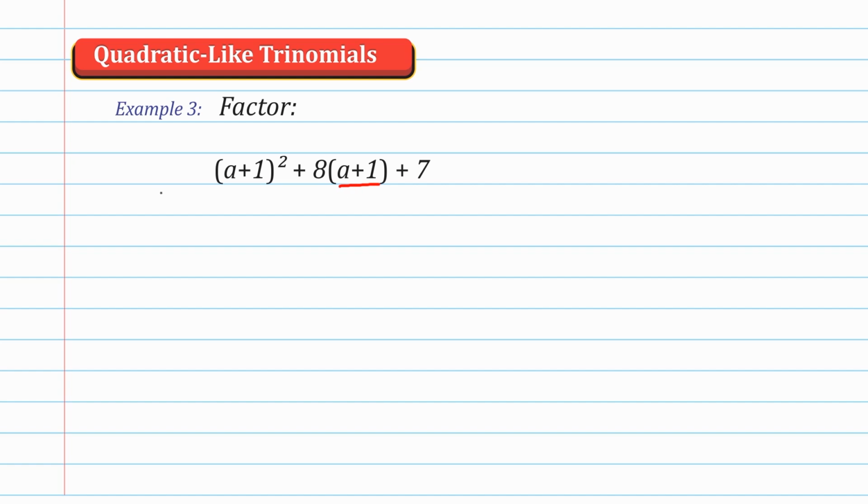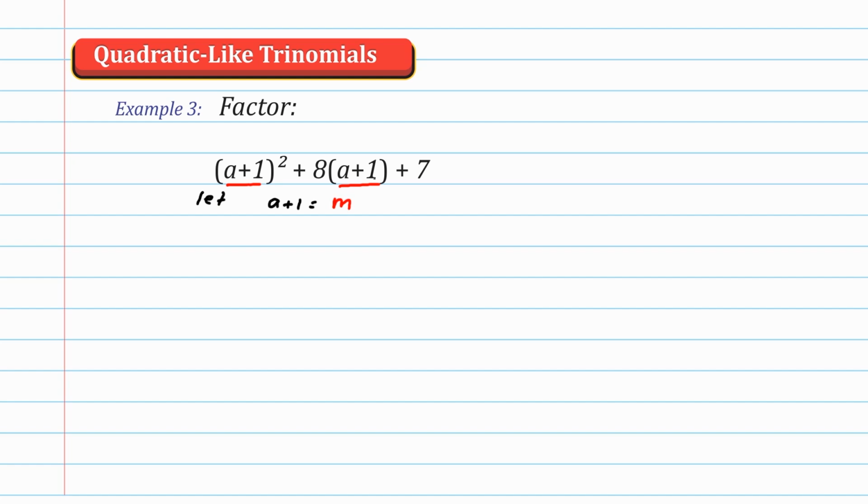So, our aim is to write everything in terms of a certain variable that we will substitute for the binomial a plus 1. What we can do, just like in the previous example, is let this binomial a plus 1 be equal to another variable.